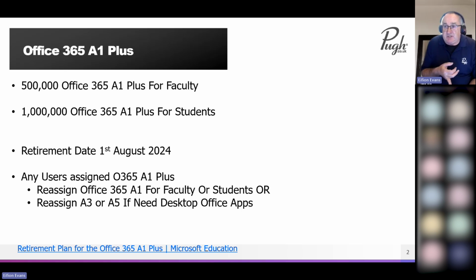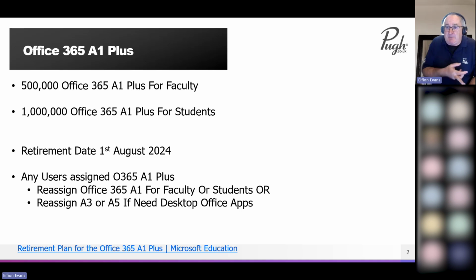Back when they were introduced by Microsoft, it was an easy way of assigning a single license instead of the free Office 365 A1 license and the downloadable version of Office 365 Pro Plus if you had a desktop agreement. So it's a single license you can assign to incorporate those two licenses.